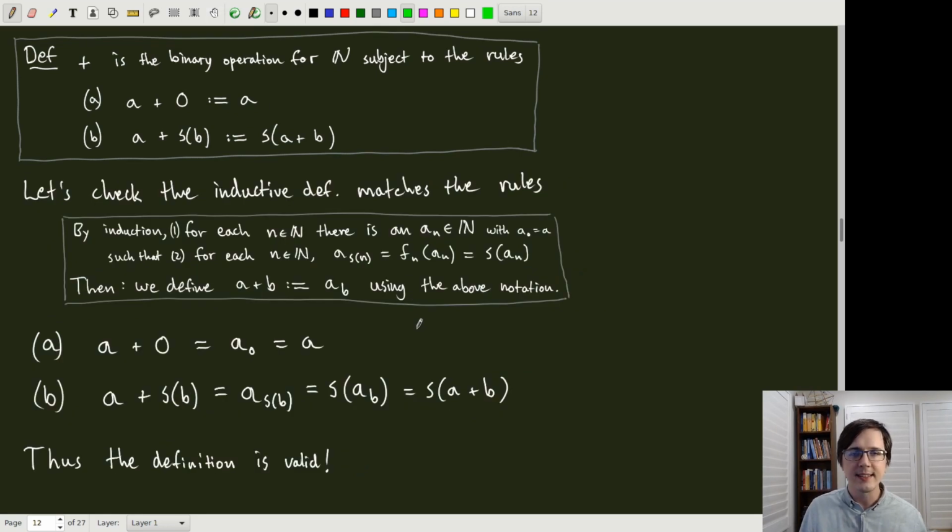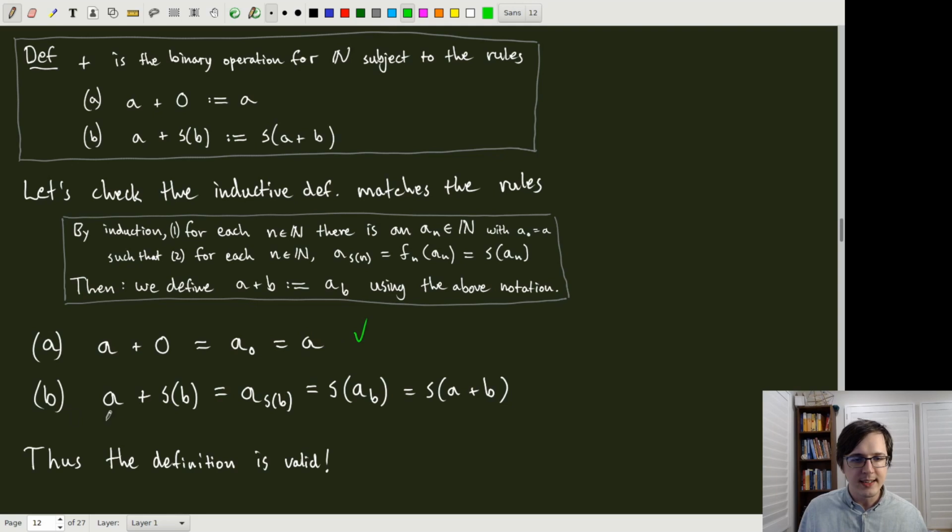So let's check that this actually does match the rules. So rule A was that A plus 0 is A. So let's check. So A plus 0, we set to be A sub 0, and A sub 0 we set to be A. So A plus 0 is actually A. So that's good.